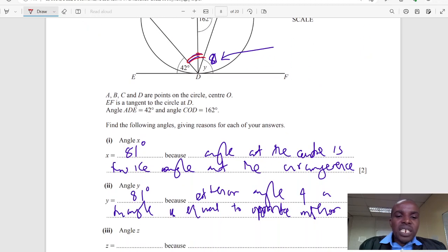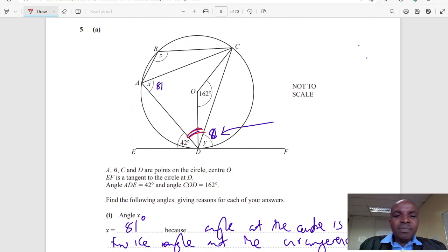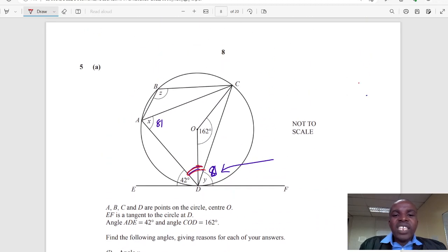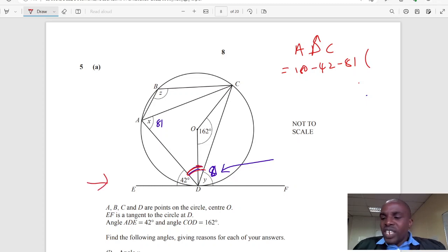First, angle ADC is 180 minus 42 minus 81. Reason: adjacent angles on a straight line, since EDF is a straight line. I get 57. So this angle is 57 degrees.